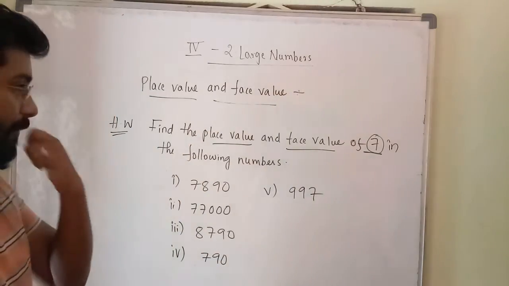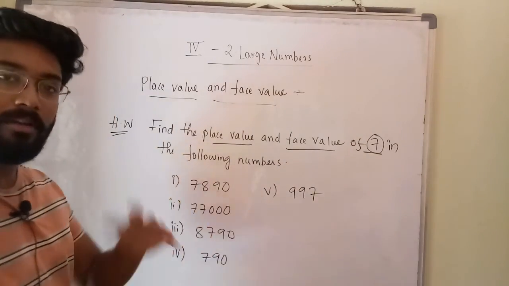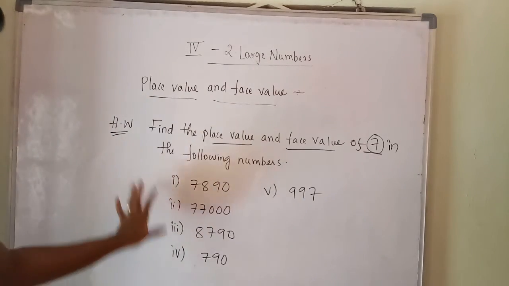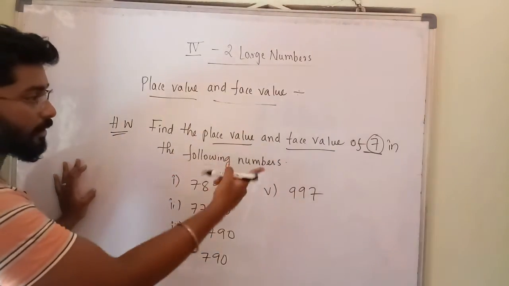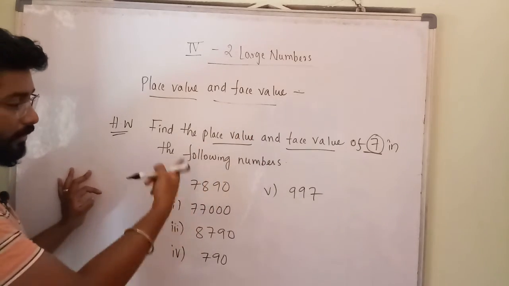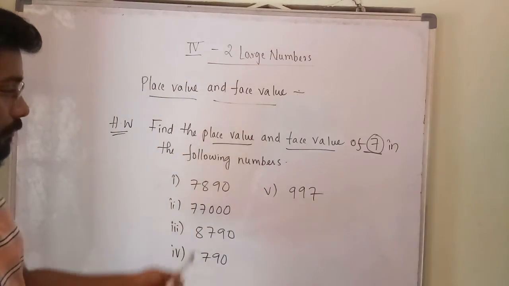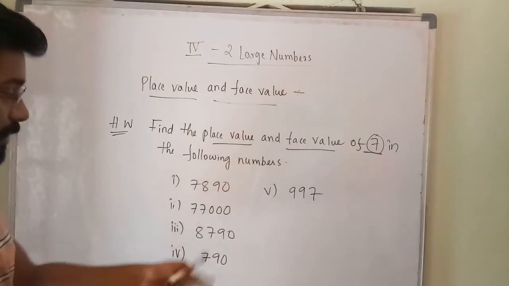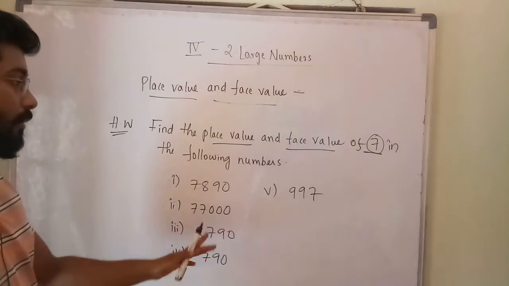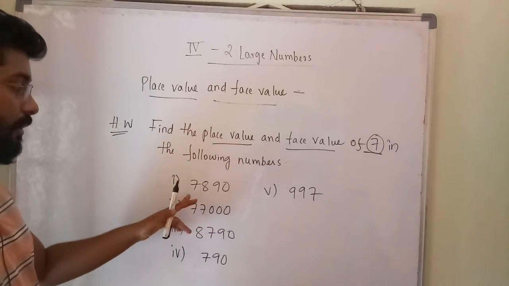So I have just neglected it. These are the questions, you have to write them. For this you have to write the place value and face value of 7 for every number. For these numbers only. These are the numbers. For this you have to find the place value and face value for only 7.